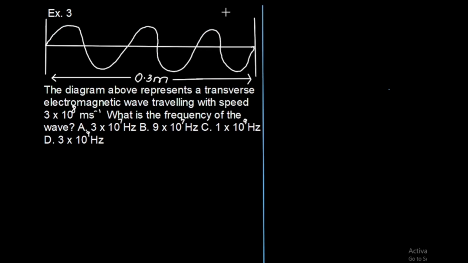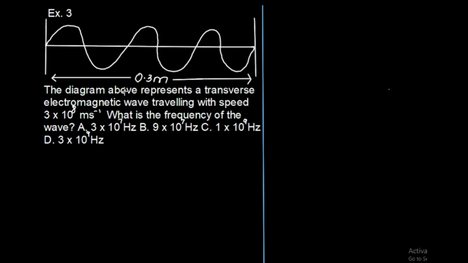Now moving on, we have another question here, a very interesting question. This one says the diagram above represents a transverse electromagnetic wave traveling with speed 3 times 10 raised to power 8 meters per second. What is the frequency of the wave? Alright, so here we have a diagram and we have 0.3 meters on this diagram.